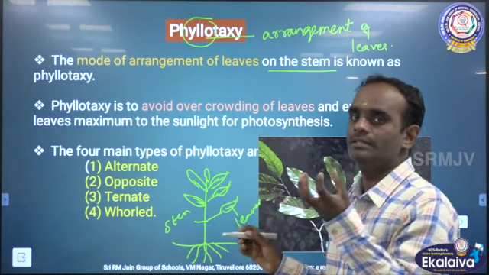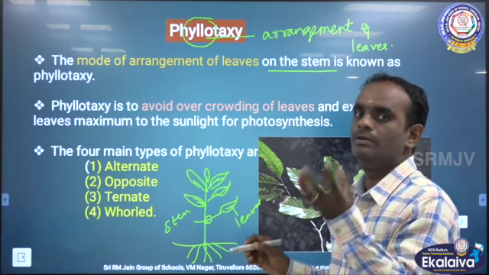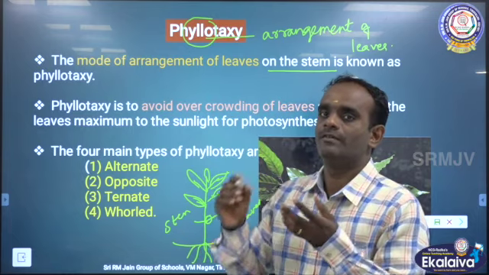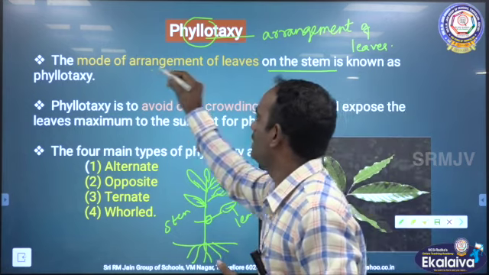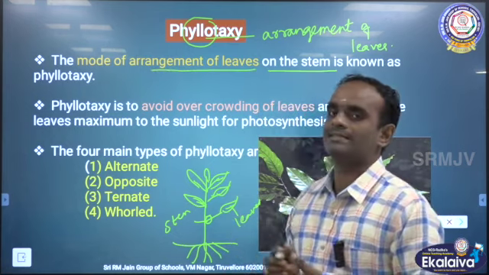The leaf is originated at the nodes. Nodes are the part which is present in the stem. From there only the leaves arise. So, mode of arrangement of leaves on the stem is called Phyllotaxy.